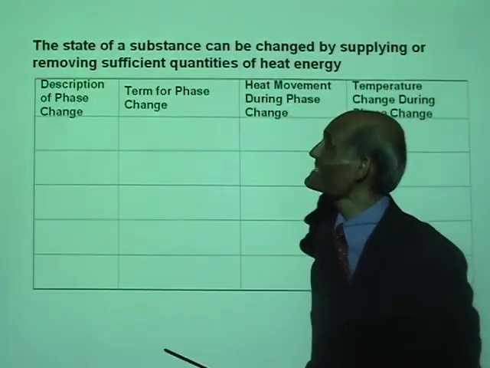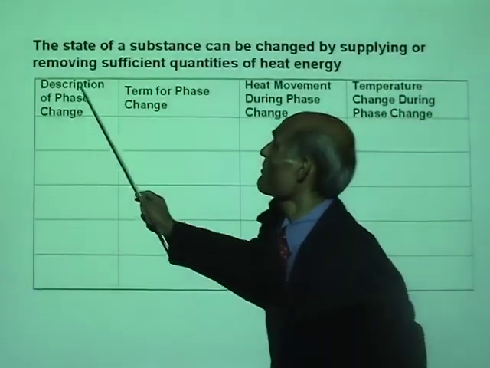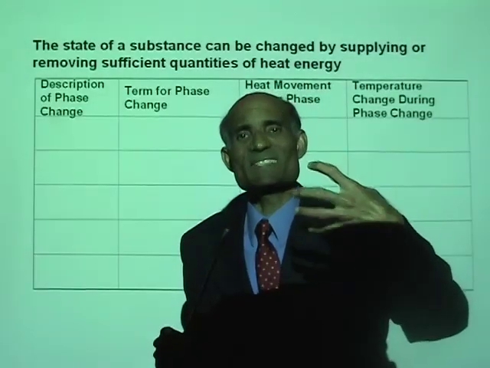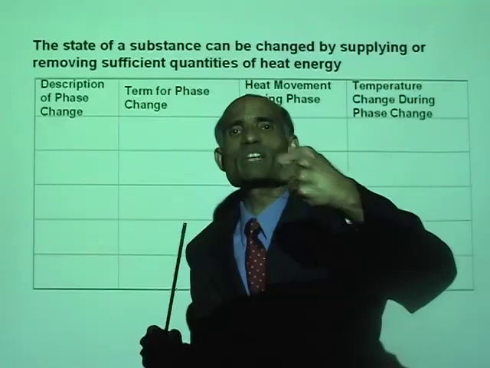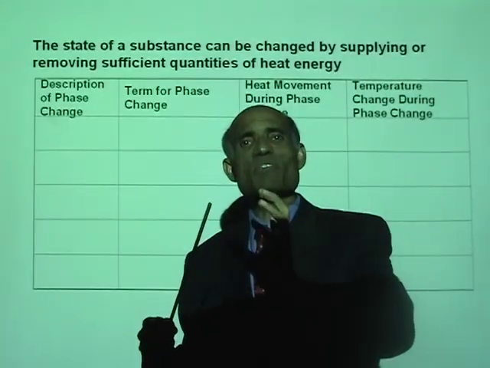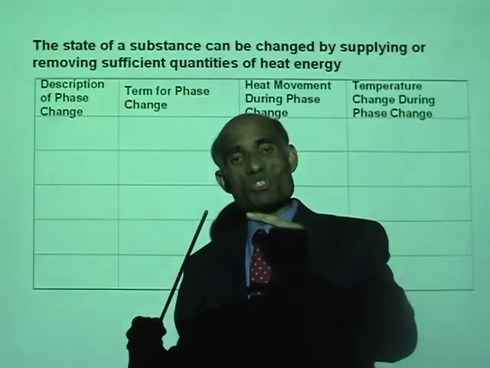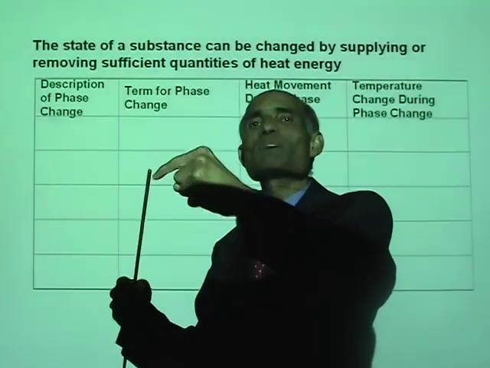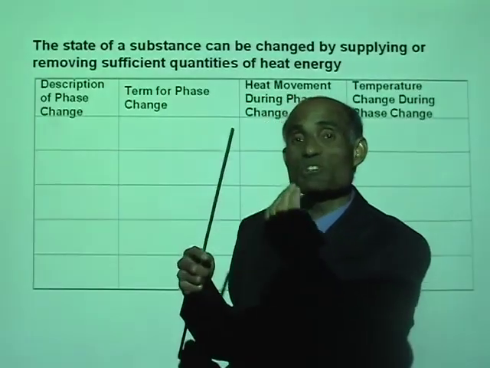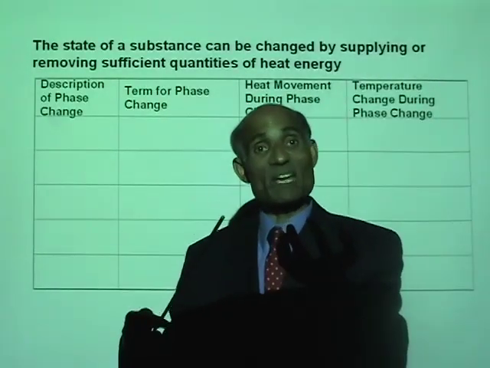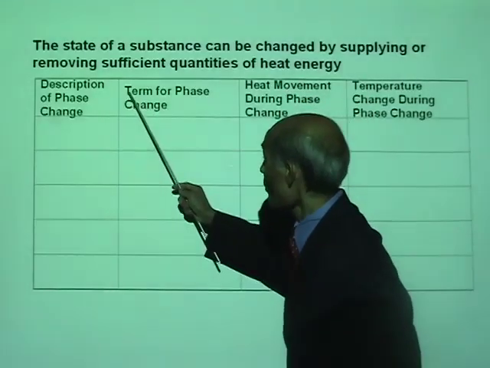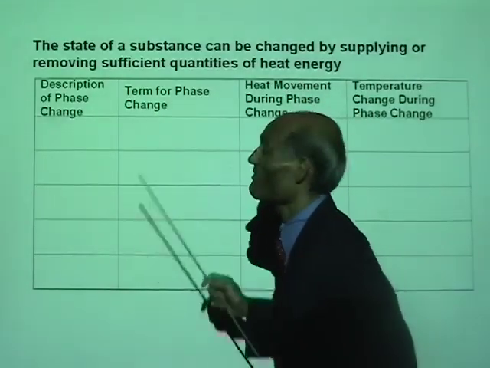Now, I'm going to give you a summary of the phase change. What is the meaning of phase change? A substance changing from solid to a liquid is a phase change. A liquid changing from liquid state to vapor state is a phase change. A vapor condensing back to liquid is a phase change, and so on. Now, what is the name for that phase change?